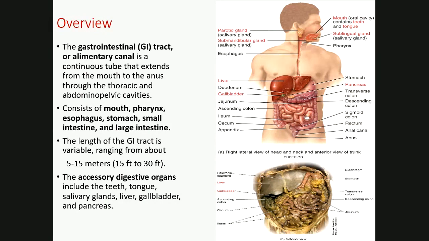Its length ranges from 15 to 30 feet. The accessory digestive organs begin in the mouth, which include the teeth, the tongue, and the salivary glands. Other accessory digestive organs include the liver, the gallbladder, and the pancreas, which is located behind the stomach.